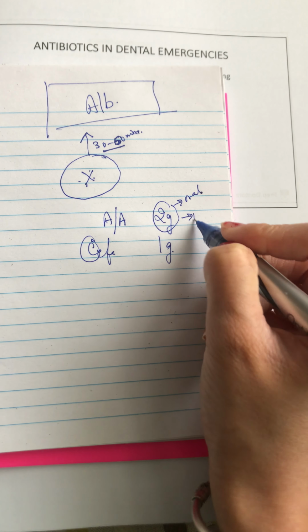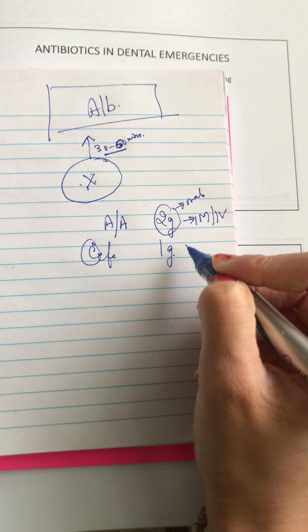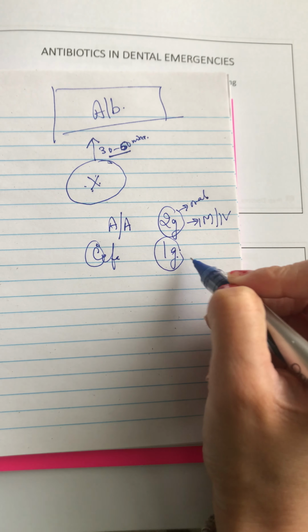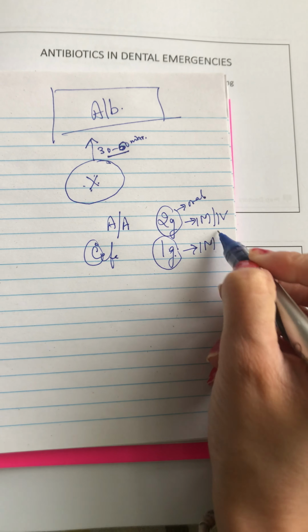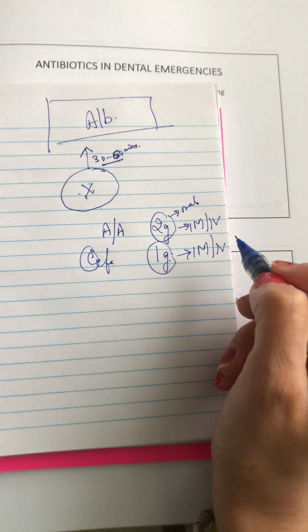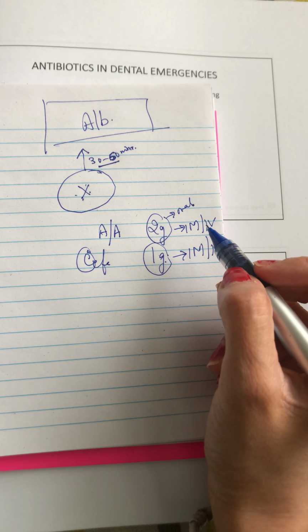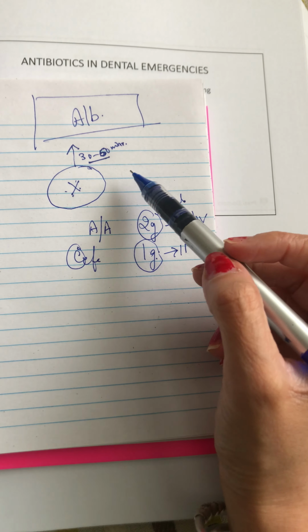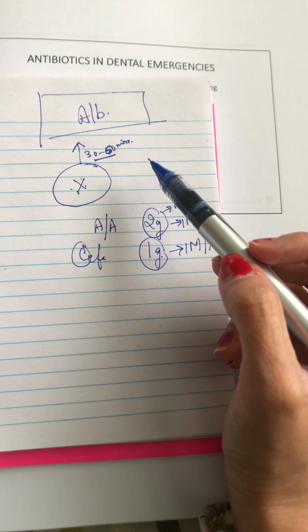Or if you are giving IM or IV. Now the second one, which is C, you give half of it, that is 1 gram, and you only give it IM or IV.